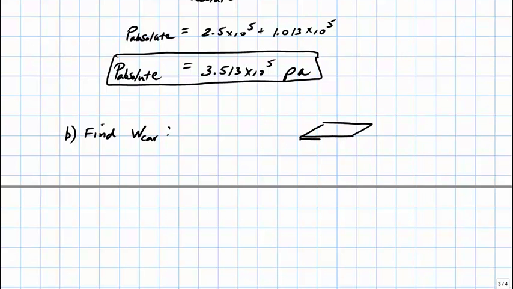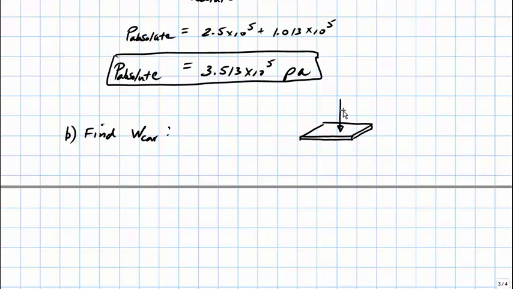So here's a portion of the tire that is in contact with the roadway, and we need to construct a free body diagram on it. And so the first thing to note is that this portion of the tire is in direct contact with a column of air above it, and that column of air applies a gauge pressure onto the interior surface.